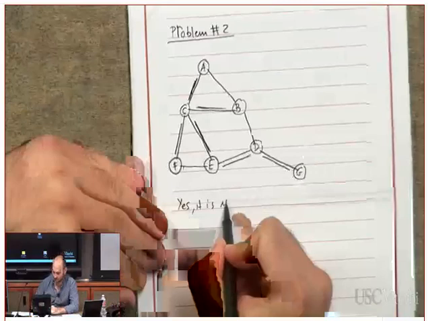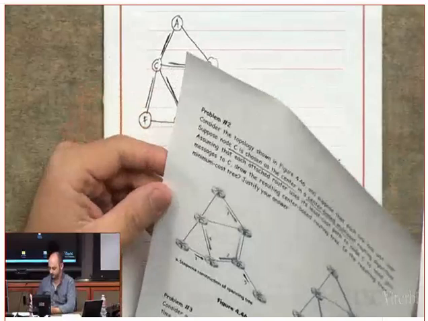If we limit ourselves to 4 nodes, connect all the possible pairs and we get this. It doesn't mean we necessarily have a complete graph, but it's a good example. So we have problem number 3.